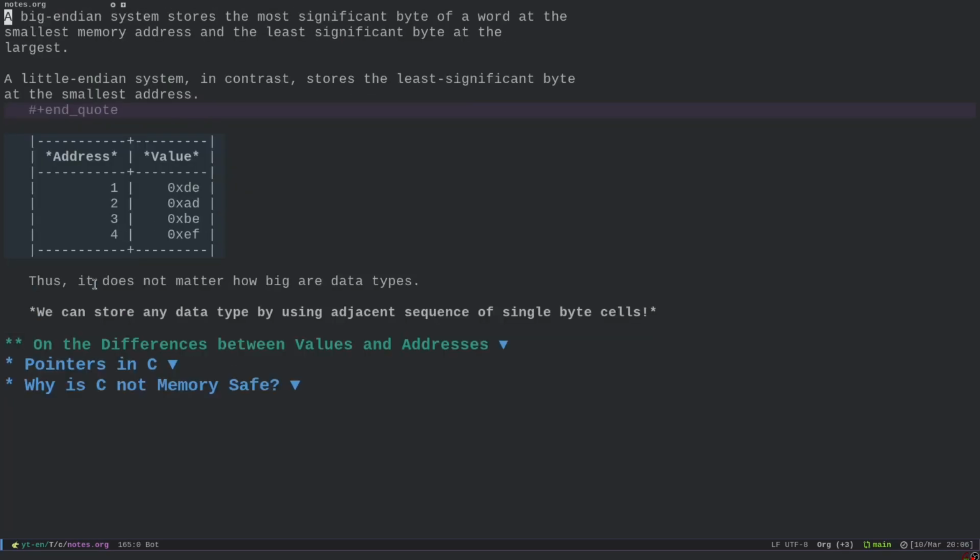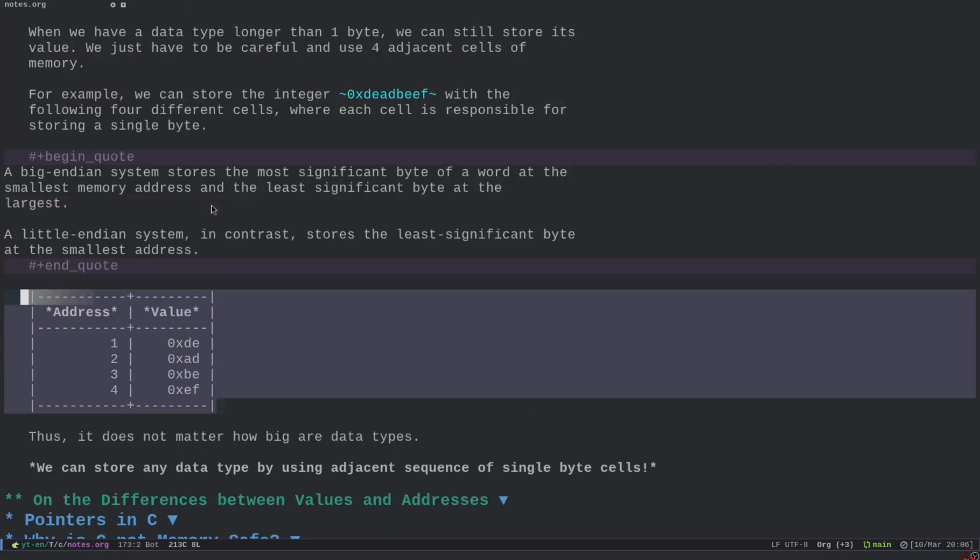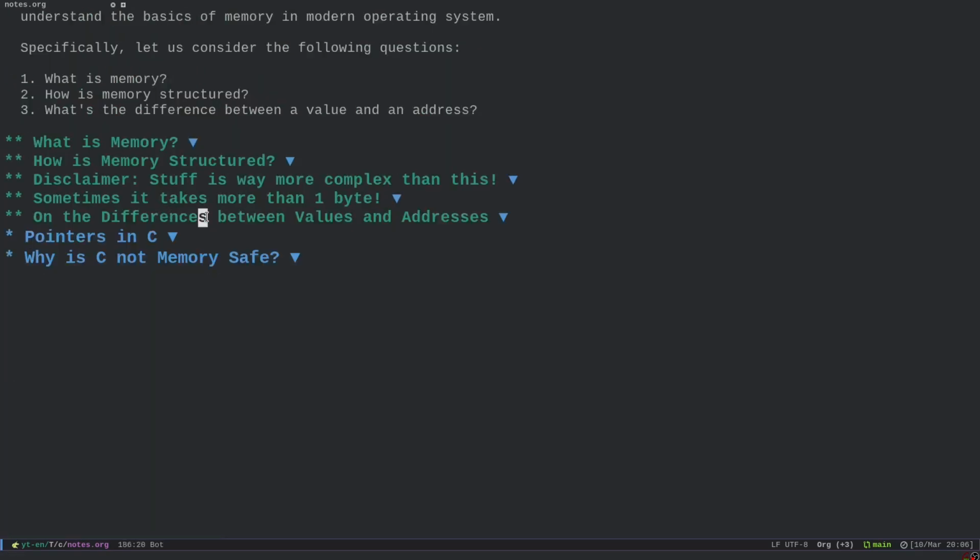So basically, it does not matter how big the data types are. We can store any data type of arbitrary length by just using an adjacent sequence of single byte cells. And then, depending on whether you are on a little endian or a big endian system, we might have different orders. But that does not really matter. It's just a specific thing of the architecture.